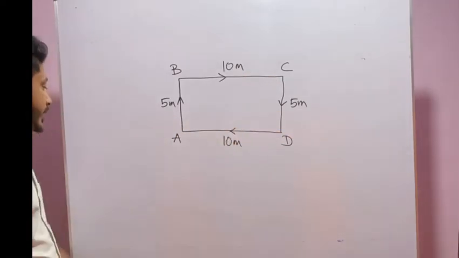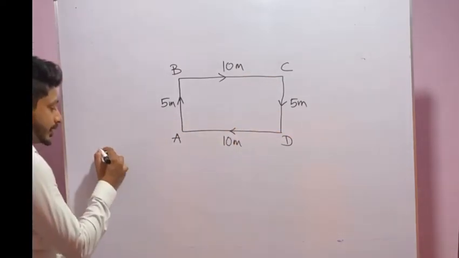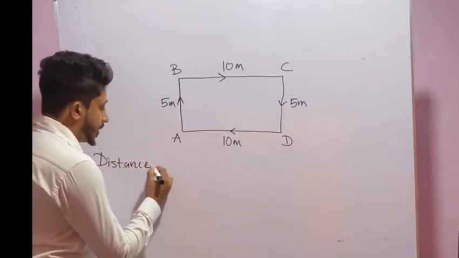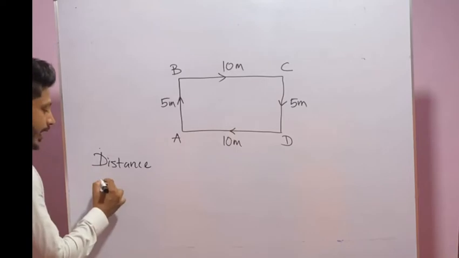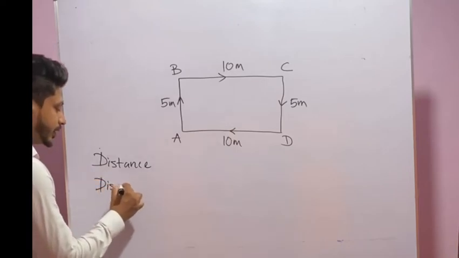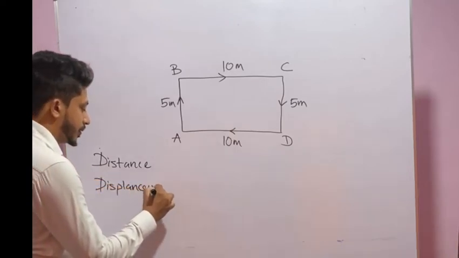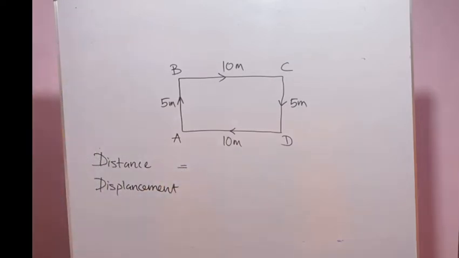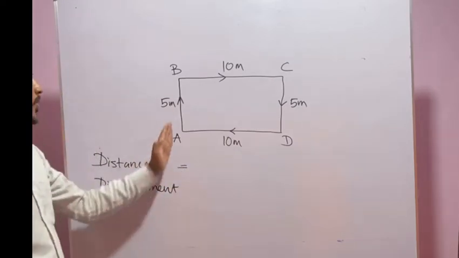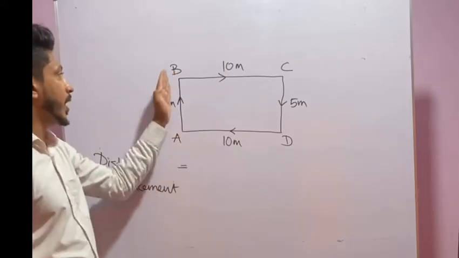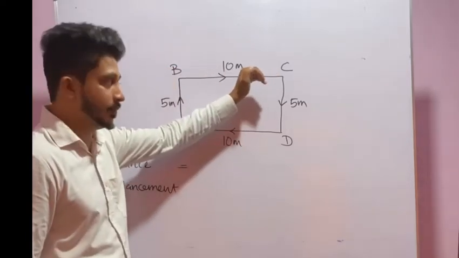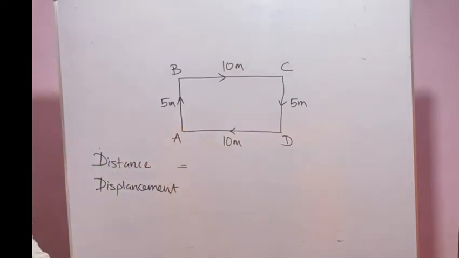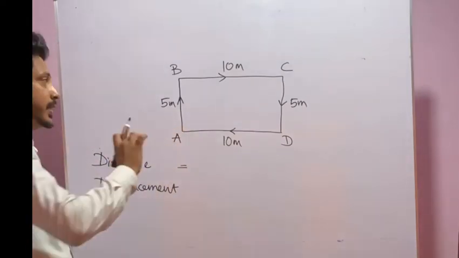It asks what is the distance of this person and what is the displacement of this person. Let's find. So you know what is the distance. 5, 10 means 15, and again 5, 10 means 15, 15, 15, 30. Let's see.